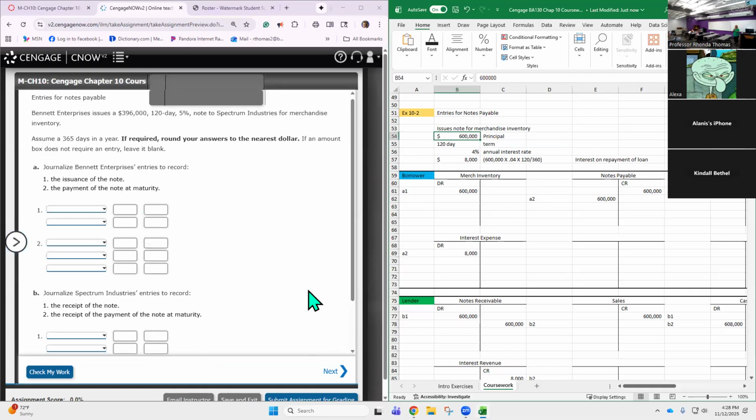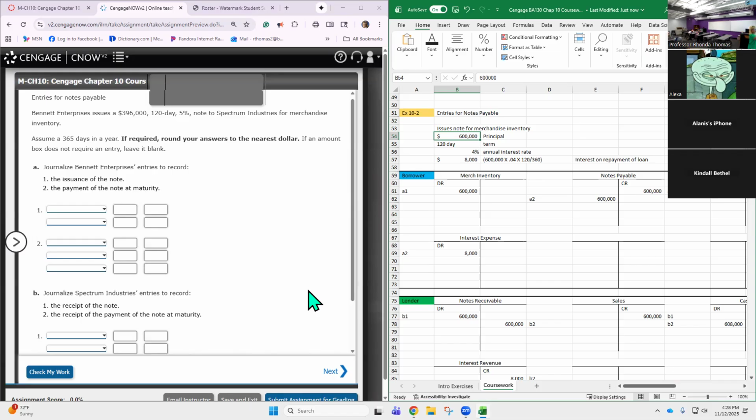A note is borrowed money. Okay, borrowed money. This time we are the ones borrowing the money. When you loan the money out, it's a receivable to you, and that was chapter 8. But when you borrow the money, it's a liability to you. All right.